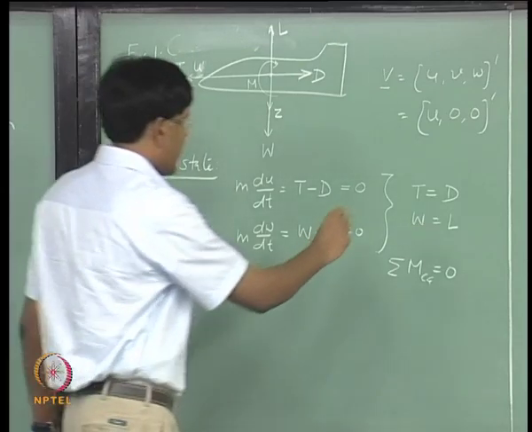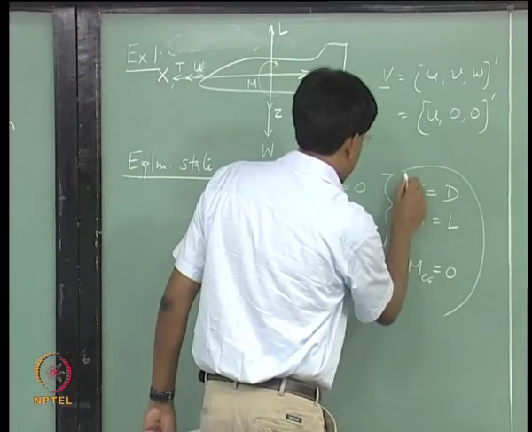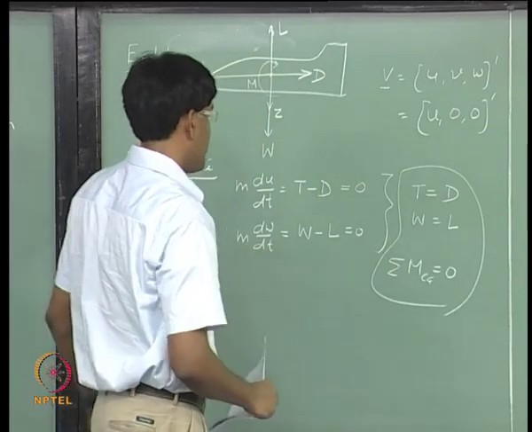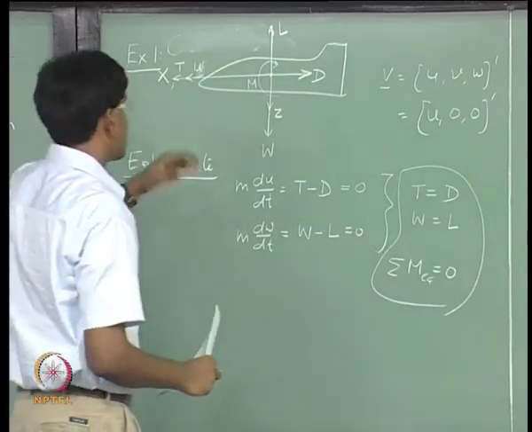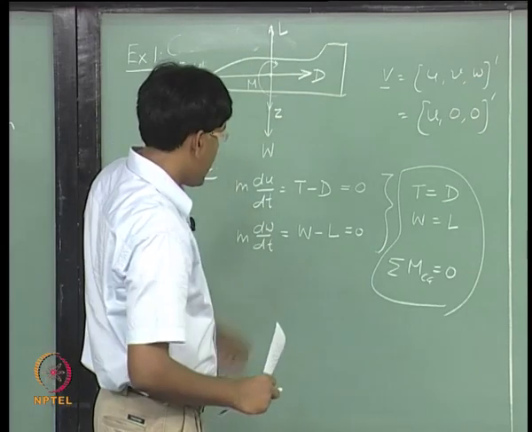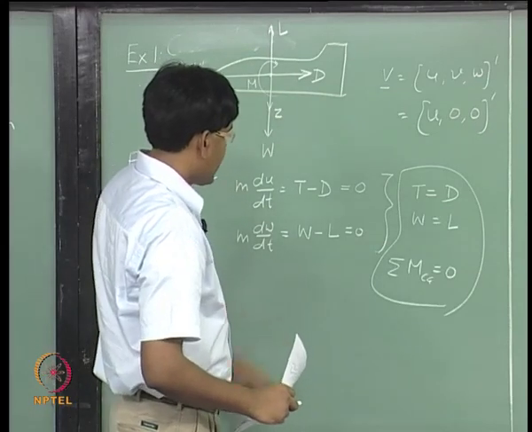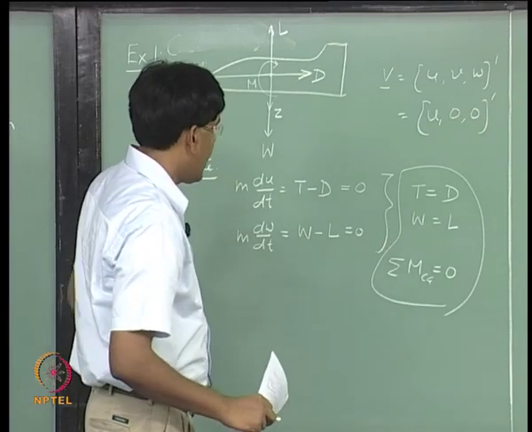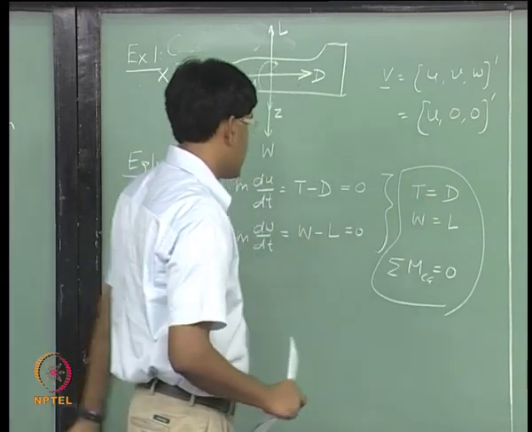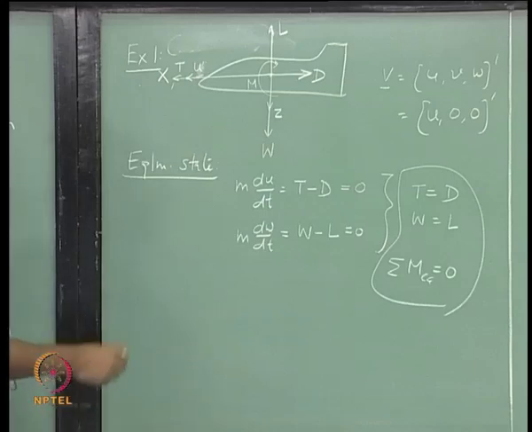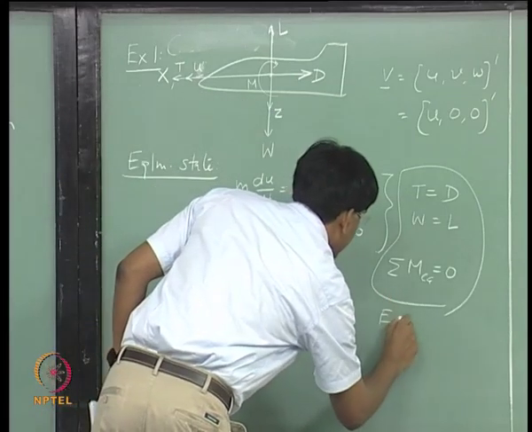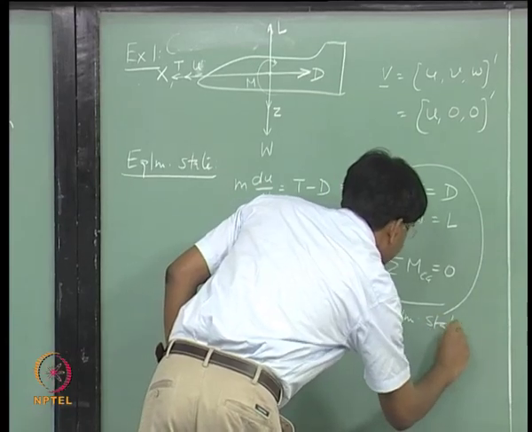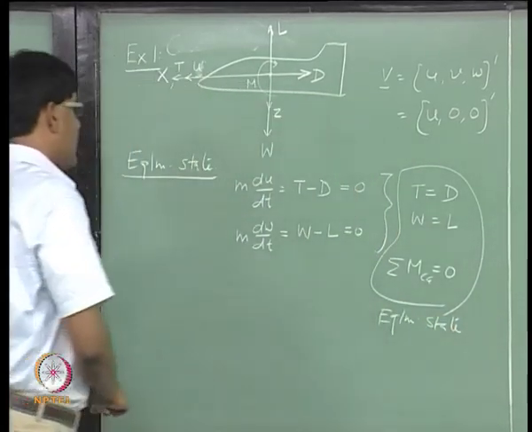So, these three equations. This M here is the pitching moment about the CG in this longitudinal plane of the aircraft, and these are the forces acting on the aircraft. So, these three equations define the equilibrium state.